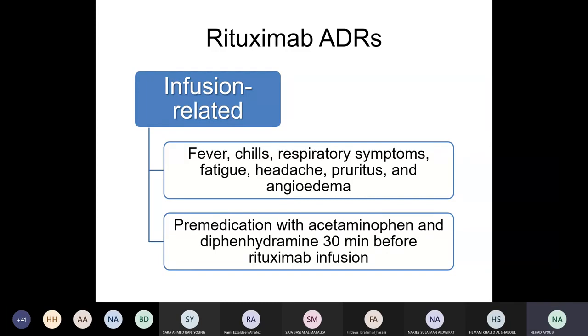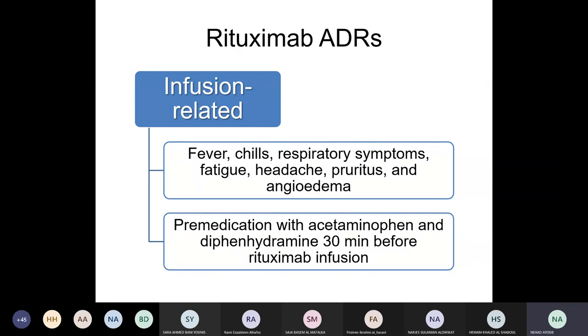Also, to reduce the risk of infusion related reactions, the infusion time should not be very short. The recommendations for administering rituximab say to infuse over a few hours, for example 4 hours or 3 hours, but not very short infusions. We do not give rituximab over 30 minutes or 60 minutes, like 1 hour for example.